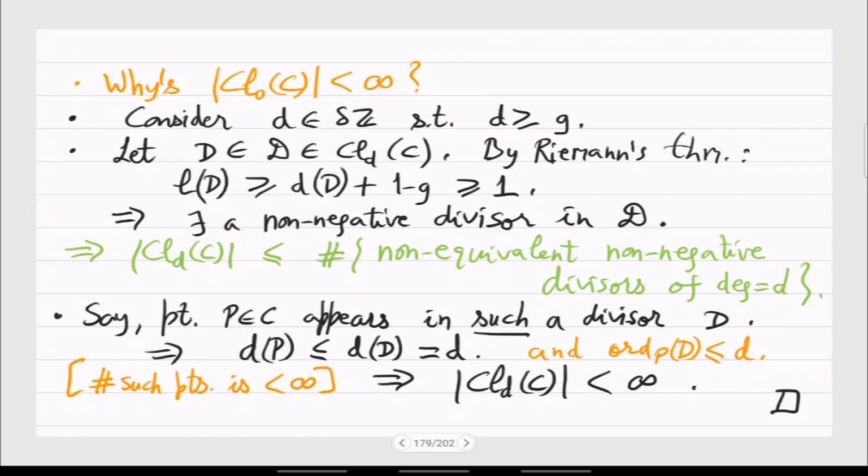This argument was for D greater than or equal to g. It was only for large D's. For large degree you argue, and then that gives you information about the degree 0 class group.